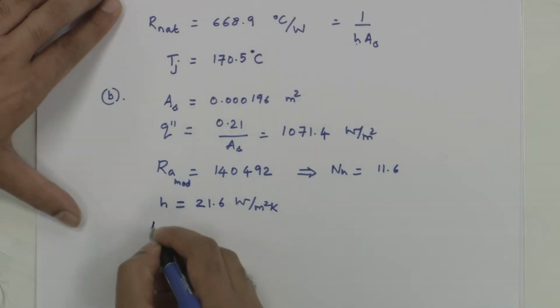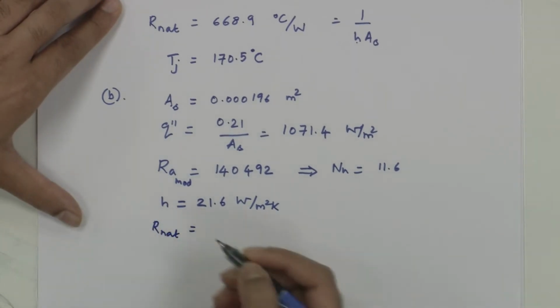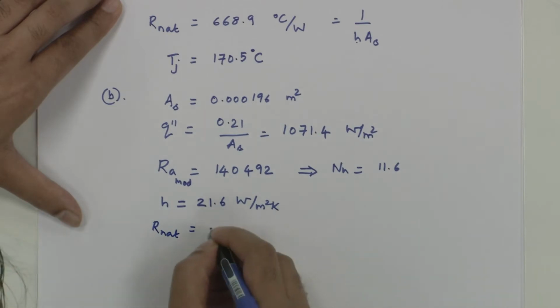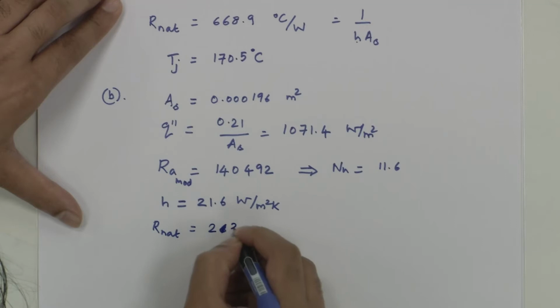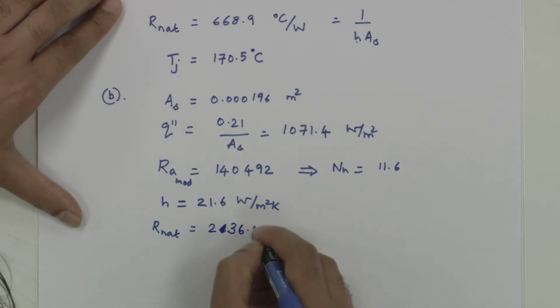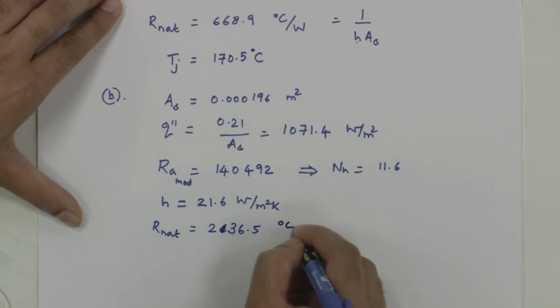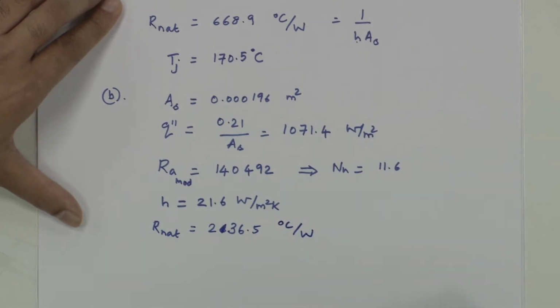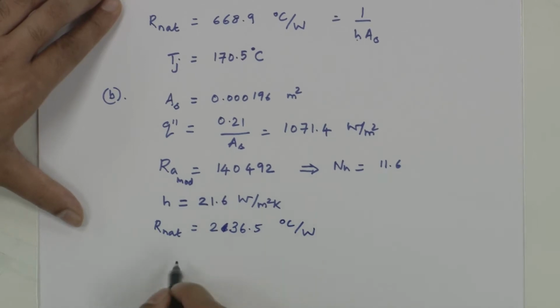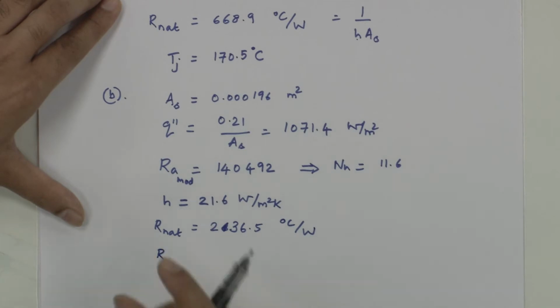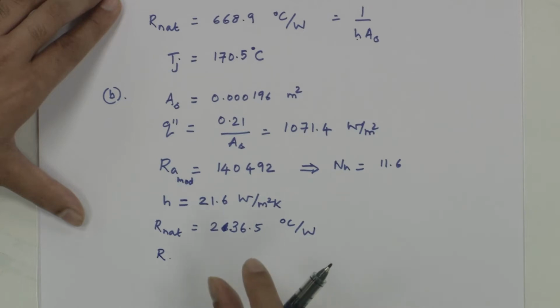So, if you calculate the natural convection resistance, it is about 236.5 degree C per watt. But we cannot ignore the conduction resistance in the bulk, that is through the mold, because the overall stack is 1.2 millimeter thick, of which 200 micron comes from the silicon.